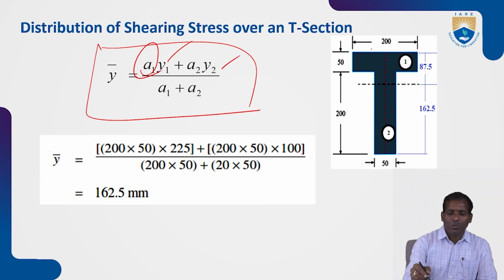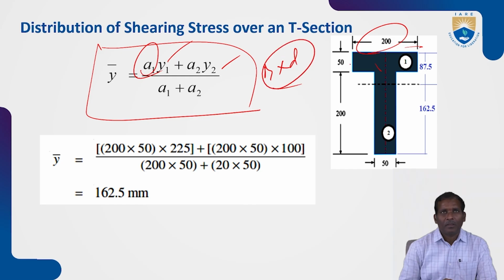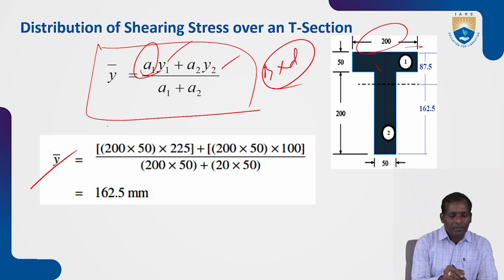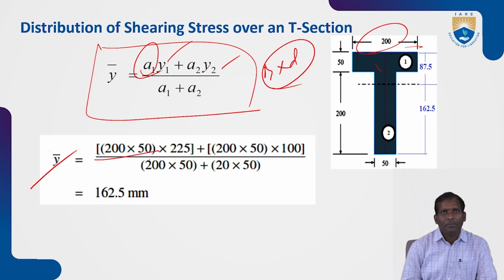So A1 is 200 multiplied by 50, breadth multiplied by depth, so we will get the area. Now 200 into 50 multiplied by 225.